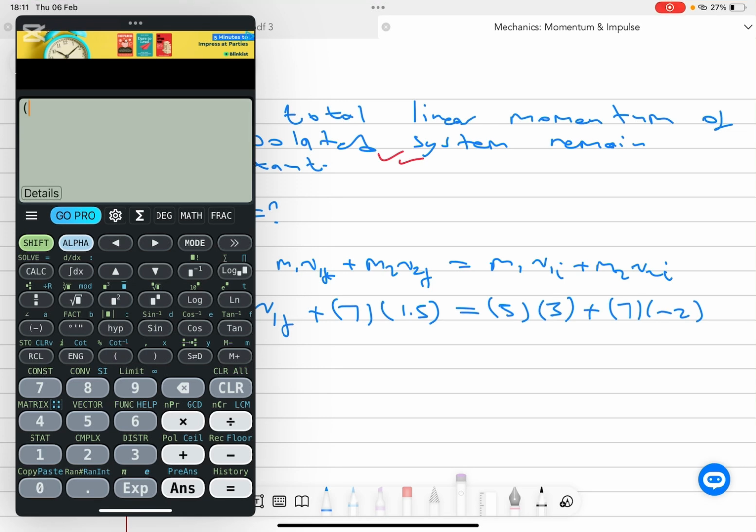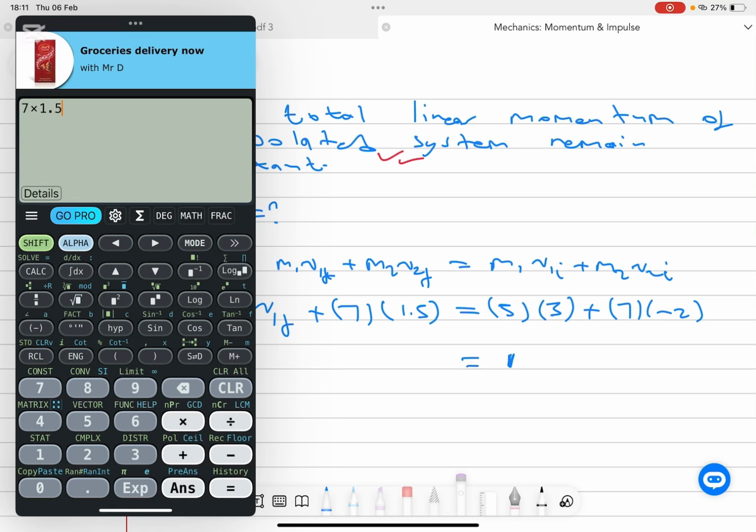I have here 5 times a 3 plus 7 times a -2. And this gives me 1 from this side. And this side here, I'm going to have the 7 times 1.5. And this actually gives me a 10.5.